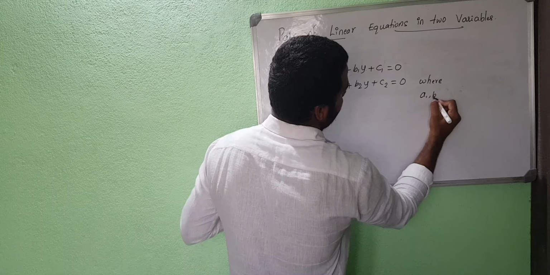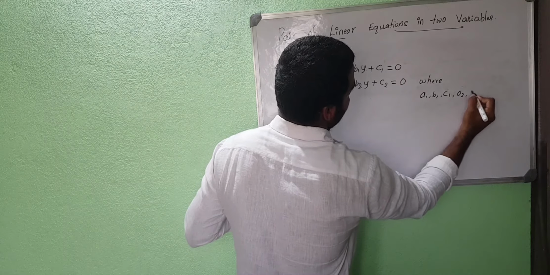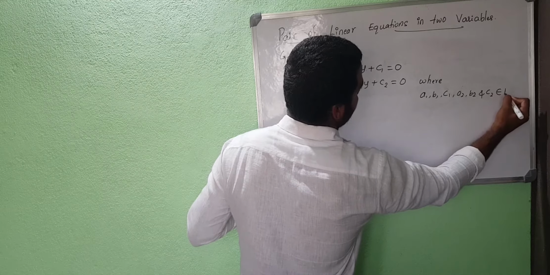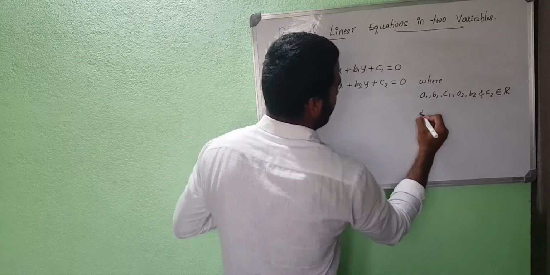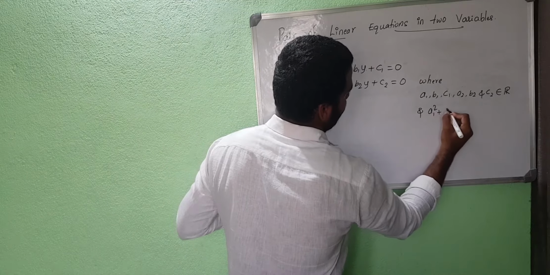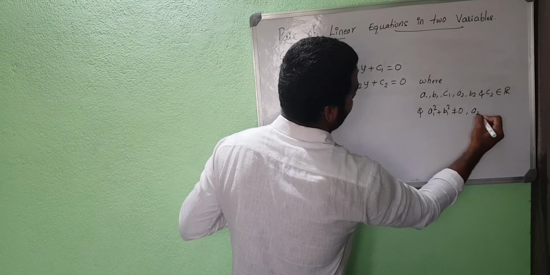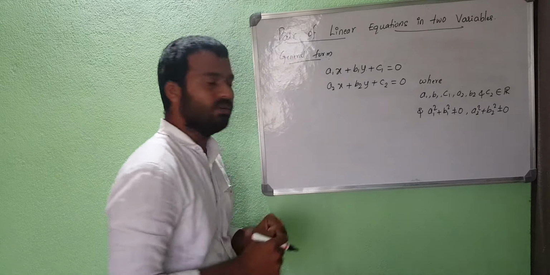a1, b1, c1, a2, b2 and c2 belong to real numbers, and a1 square plus b1 square is not equal to 0, a2 square plus b2 square is not equal to 0.